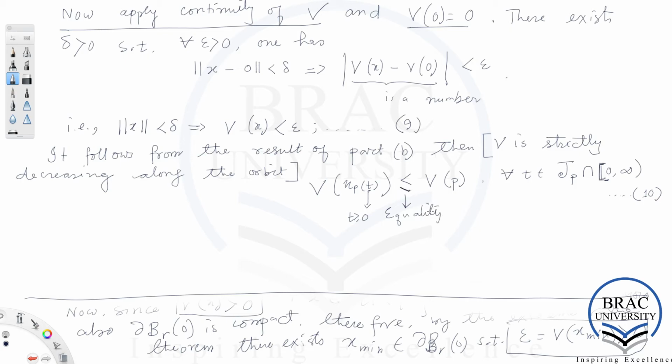Equality holds when t is equal to 0, as up of 0 is equal to p. If we had t strictly greater than 0, we would have had a strict inequality here as well, but that's not the case. Good. So this is our equation number 10.